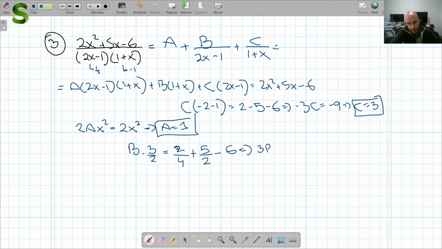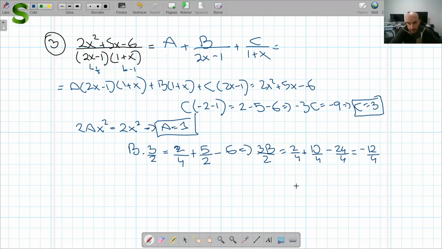So 3b halves equals 2 quarters plus 10 quarters minus 24 quarters. So that's going to be 12 quarters minus 24 quarters, which is minus 12 quarters.